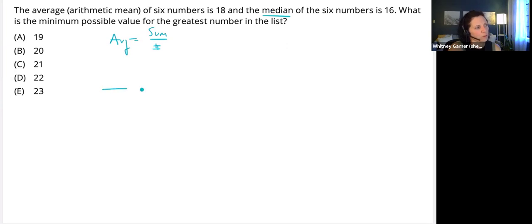So for example, if I were to have 1, 2, 3, 4, 5, 6 numbers, if I were to add these numbers all up to each other, and I was to divide by 6, that would equal 18. That's my average.